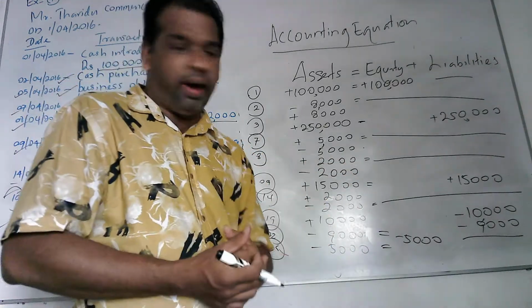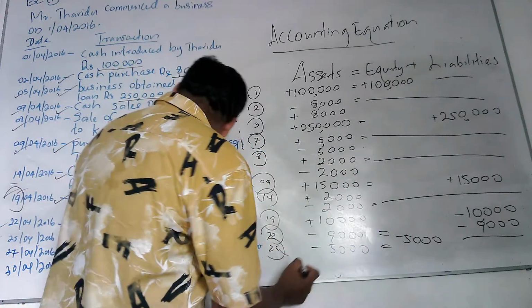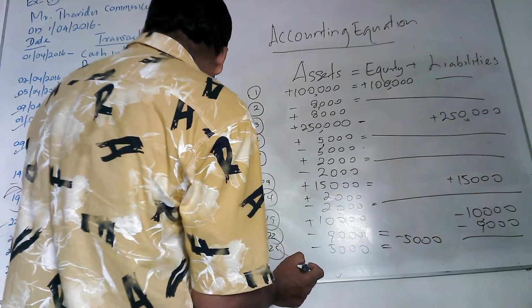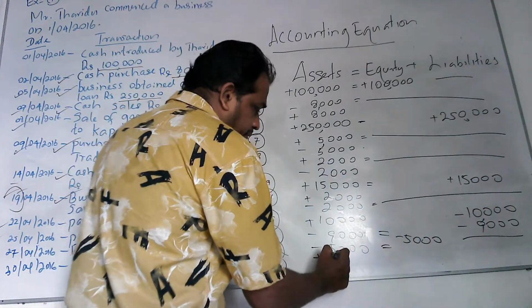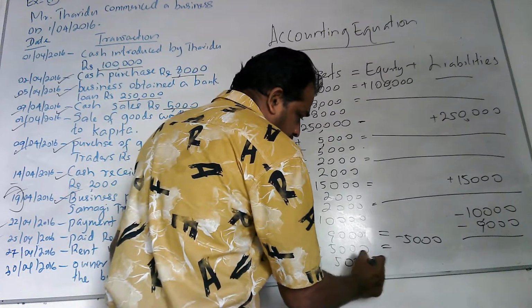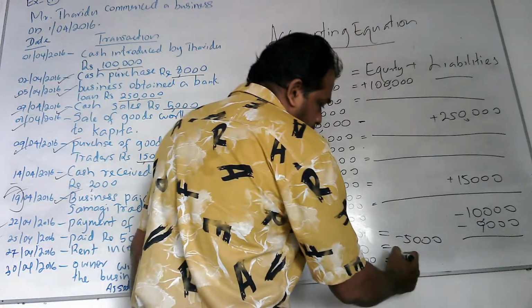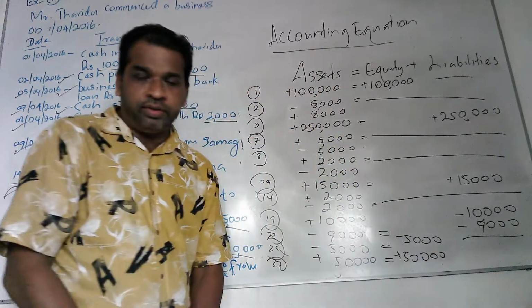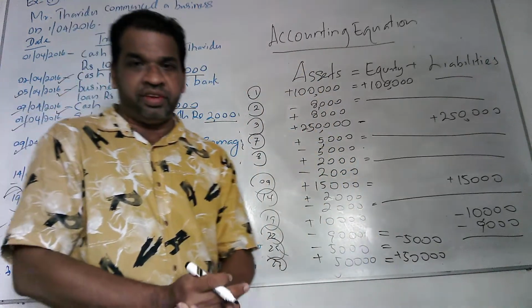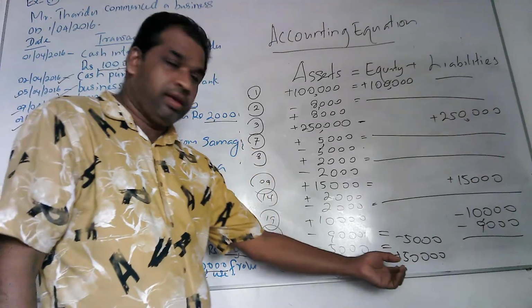And also you receive money, therefore you have received plus 60,000 under assets, and also plus under equity. Because of any income received by the business, there will be an increase in equity.